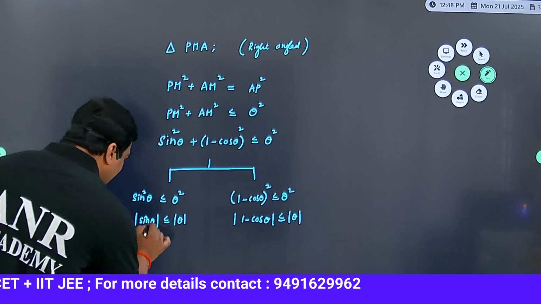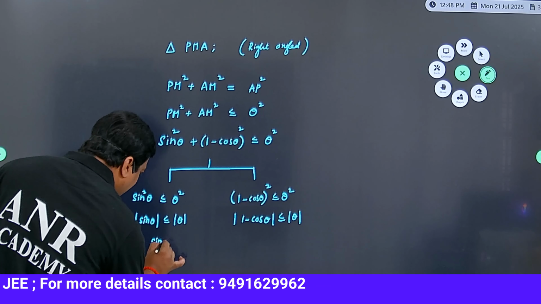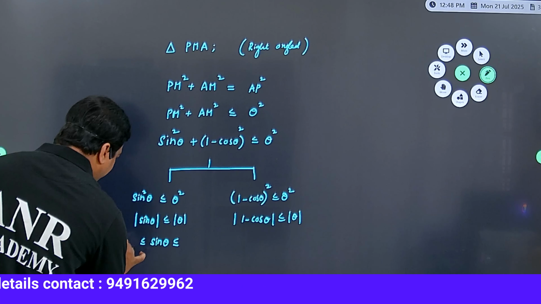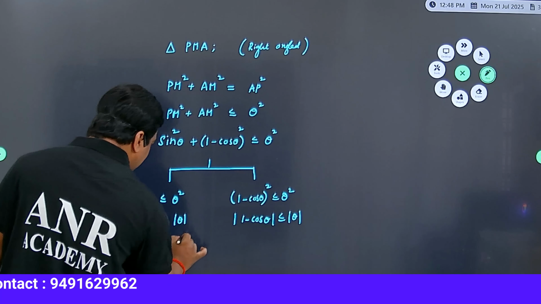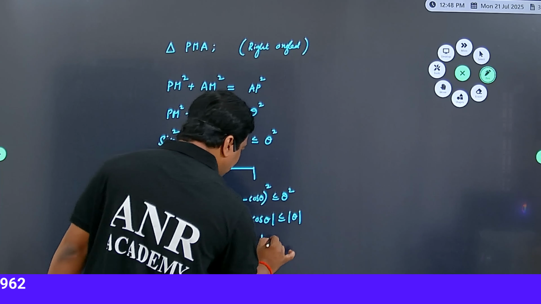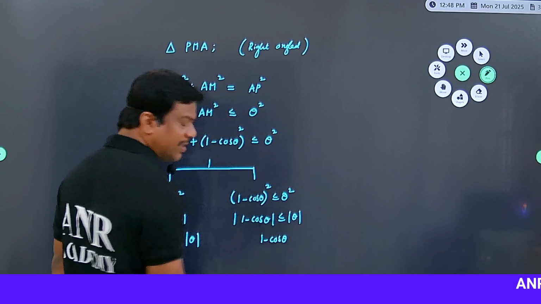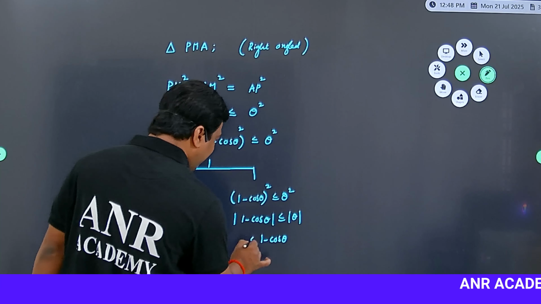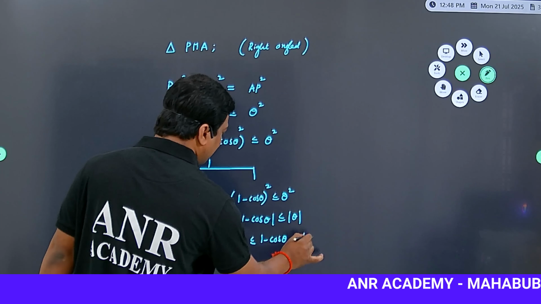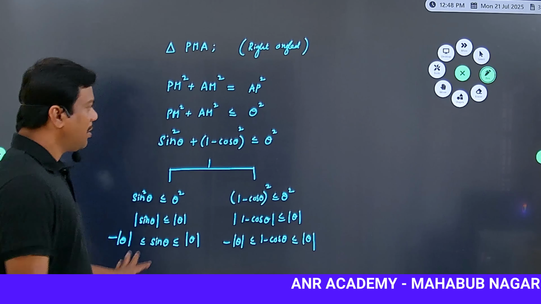Also you can write sin theta in between minus modulus theta and modulus theta, and 1 minus cos theta is in between minus modulus theta and modulus theta. So you got two results.